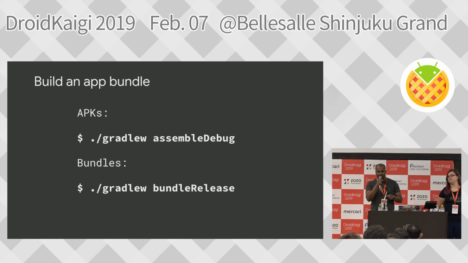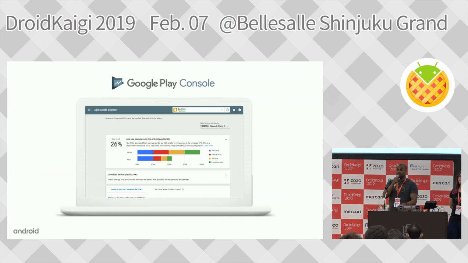We still recommend you build APKs for debugging because it's faster to build a single APK than it is to build a bundle, but it's a lot easier to publish one bundle instead of numerous amounts of APKs. And finally, when you do upload your bundle to Play Console, it provides a lot of rich information to show you just how and where you're saving a lot of your upload size.